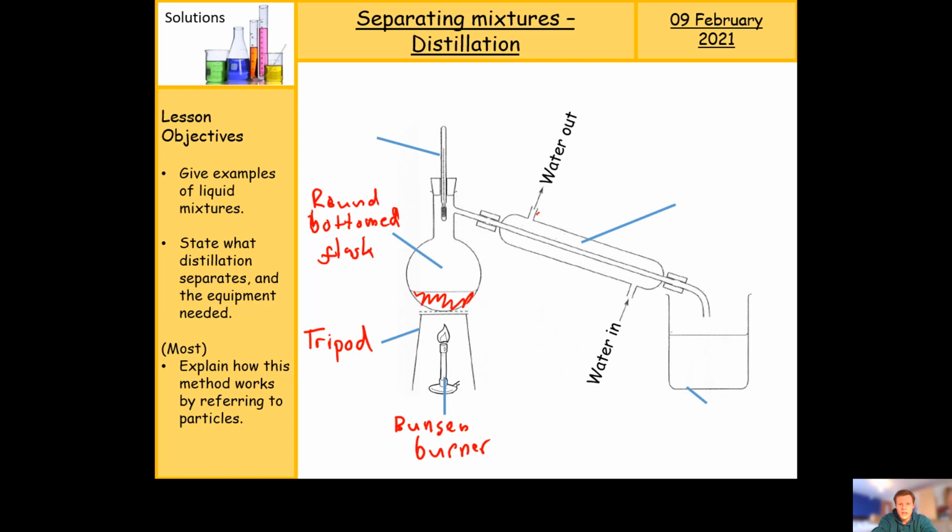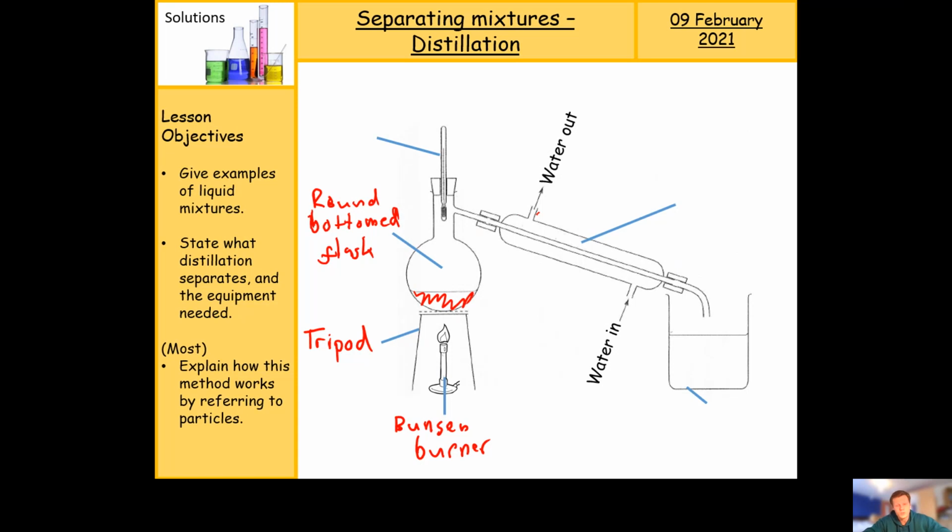And so let's have a think. What's going to happen to the solid salt and the liquid water in our mixture up here? What's going to happen to, first of all, the salt? What about the liquid as well? So we're not going to heat up the salt enough for the salt to melt or do anything.